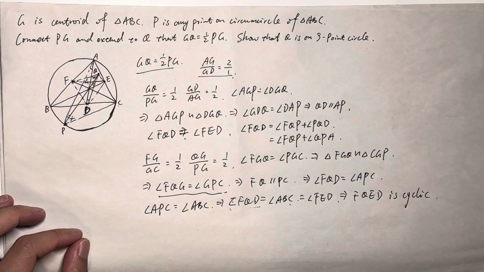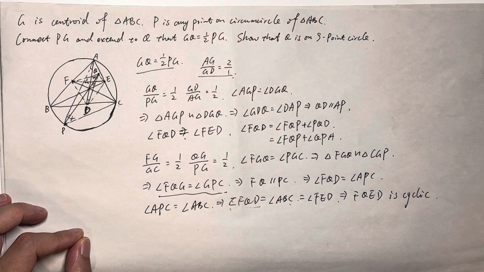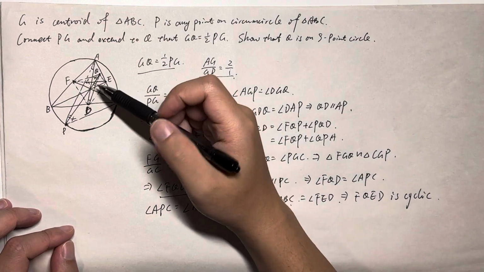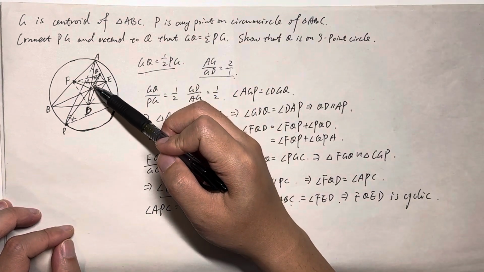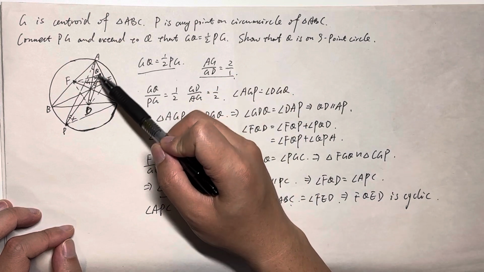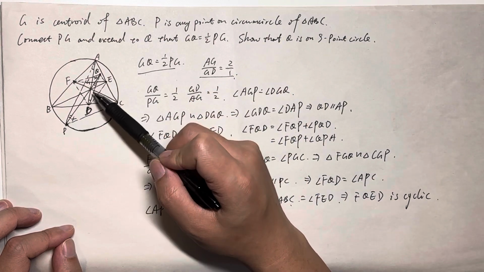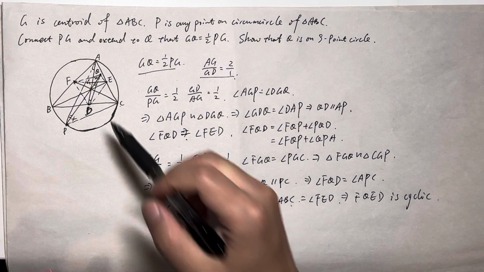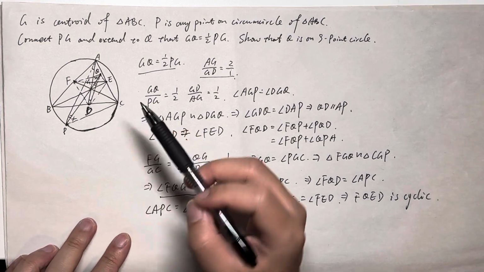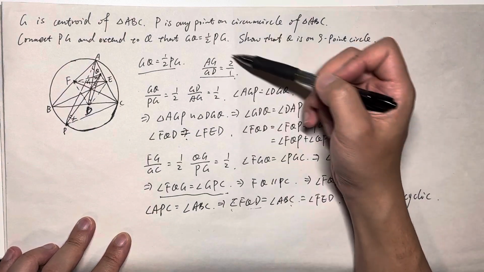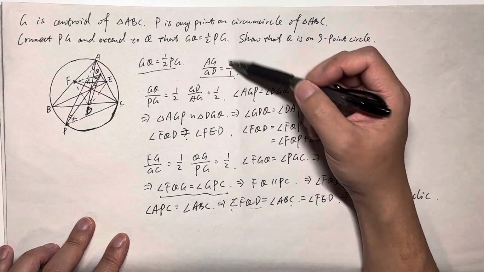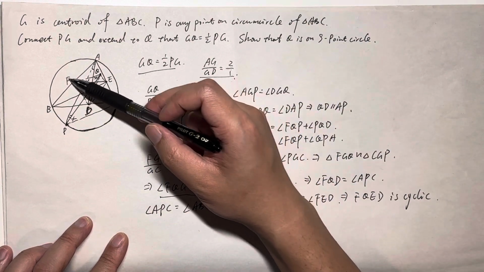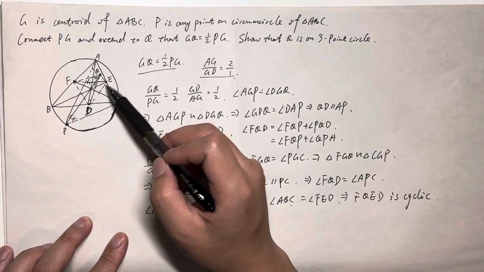So this is a relatively simple problem. Because we already know that GQ to PG is 1 to 2, we should be very sensitive to this 1 to 2, especially when we have the centroid here. We have to use the property of the centroid, that AG to GD equals 2 to 1, CG to GF equals 2 to 1, BG to GE equals 2 to 1.